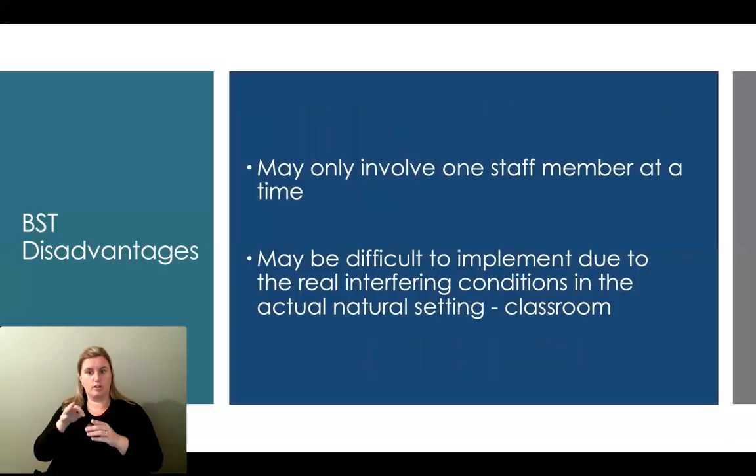But what are some of those disadvantages? As we have advantages, we also have some disadvantages. It may involve the training of only one staff member at a time, okay? Which also may be difficult to implement due to the real interfering conditions of a natural setting in a classroom.